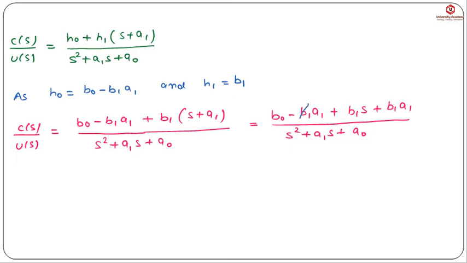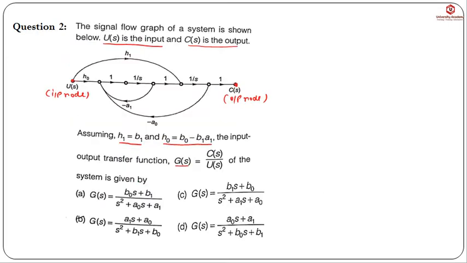So this b1 a1 with the plus and minus sign will get cancelled out, so we are getting the transfer function, that is C(s) by U(s), equal to b0 plus b1 into s divided by s square plus a1 s plus a0. So this is the transfer function, b0 plus b1 into s, so option C is the correct answer.